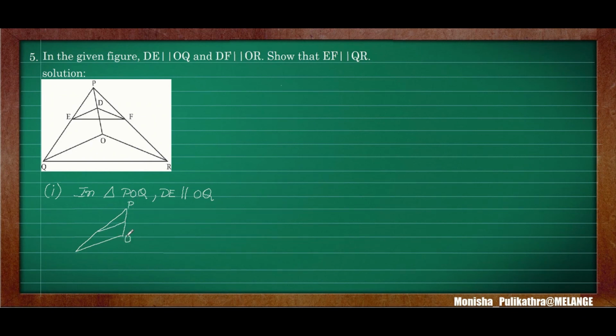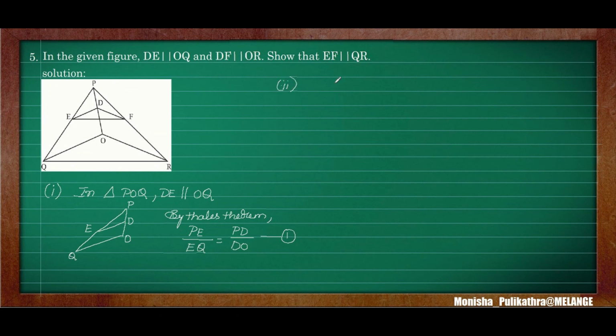So by Thales theorem, PE by EQ is equal to PD by DO. So let this be equation 1.